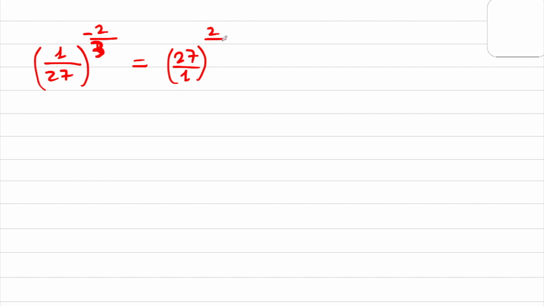You will have 1 over 27, and then you get minus 2 over 3 here. Yep. Reciprocal, 27 over 1 and 2 over 3. And for this writing, cube root of 27 and squared outside.